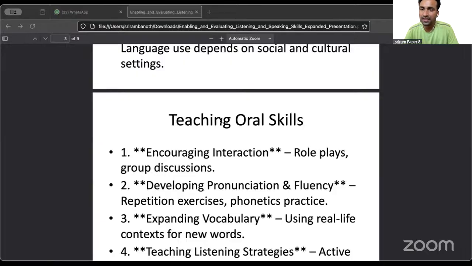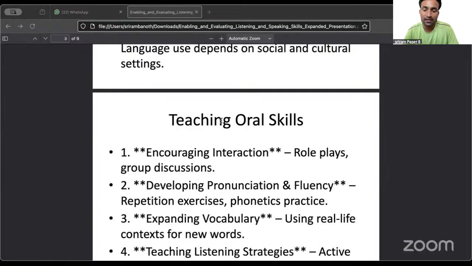He or she must know phonetic transcriptions, phonetic knowledge, where to stress, where not to stress, intonation and all. If they know, then only the children become good speakers.